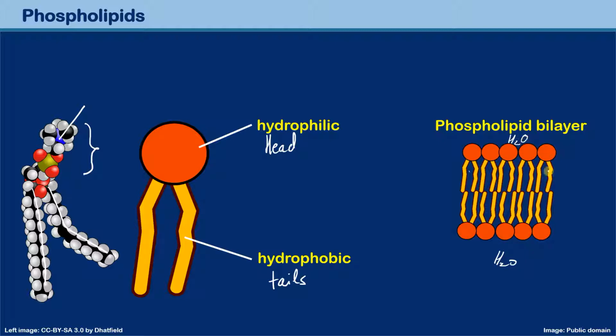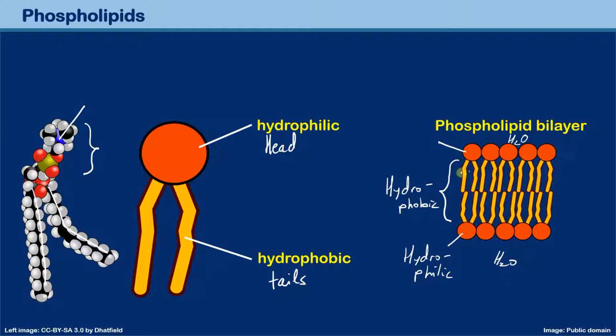Now you might ask, why is there water? Well, we're made 70% of water, and inside here is the cytoplasm, which is mostly water. So in the middle part over here the membrane is hydrophobic, of course, because this is where the tails are, and the heads over here and over here are hydrophilic. They're water loving, they're next to the water.